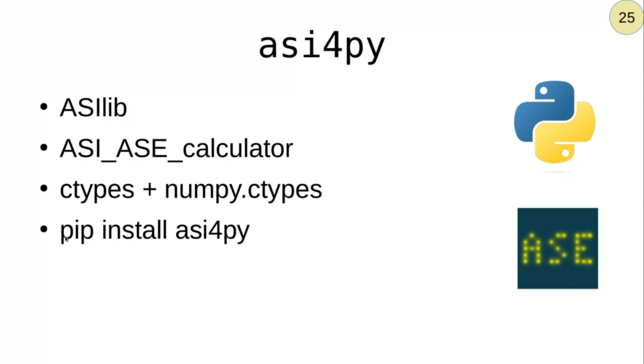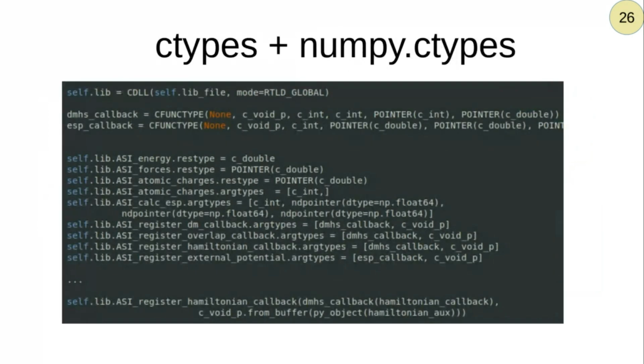You can install ASI for Pi from the pip repository actually. But of course you will need the ASI implementing code. It's either DFTB Plus or FHI AIMS. What I want to add specifically about implementation of the Python wrapper is that I've discovered for myself this nice pair of ctypes and NumPy ctypes libraries that greatly simplifies interoperability with C code. It's really simple.